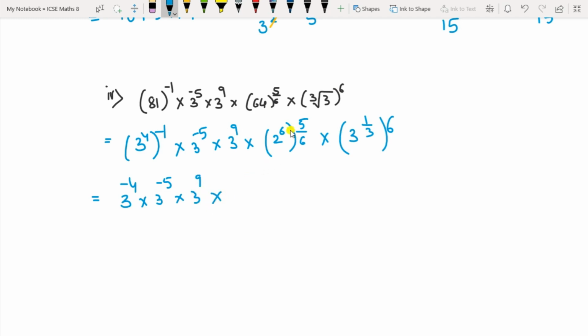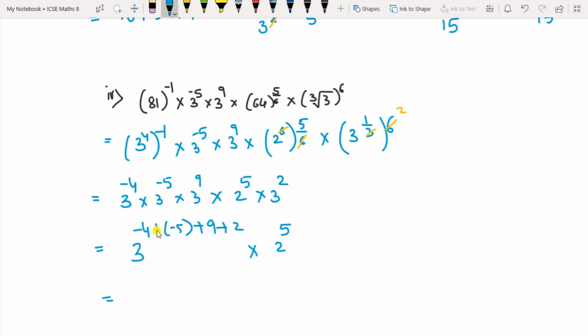The 6 get cancelled here. This one, the 6 get cancelled, and this becomes 3 ones are 3, 2 twos are... Okay, so this is 2 raised to 5 into 3 square. Now the one which is having base as 3, you can add all the powers of that. So this becomes 3 raised to minus 4 plus minus 5 plus 9 plus 2, and multiply by 2 raised to 5.